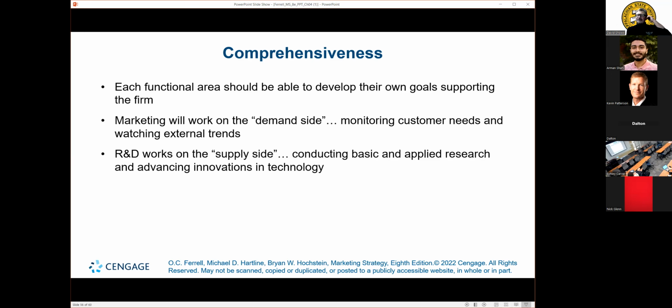You monitor customer needs and you watch internal trends. The research and development has to be on the supply side, looking at the information that marketing brings to create opportunities for new products that will satisfy the consumer needs. And so this is what comprehensiveness means, is that both sides, or let's just say all sides of the equation, are working together to achieve a common goal.